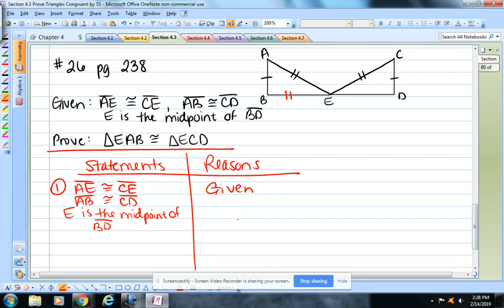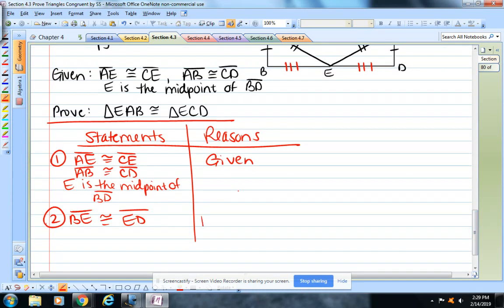So I can say BE is congruent to segment ED, and that's because of what, do you think? The definition of a midpoint.